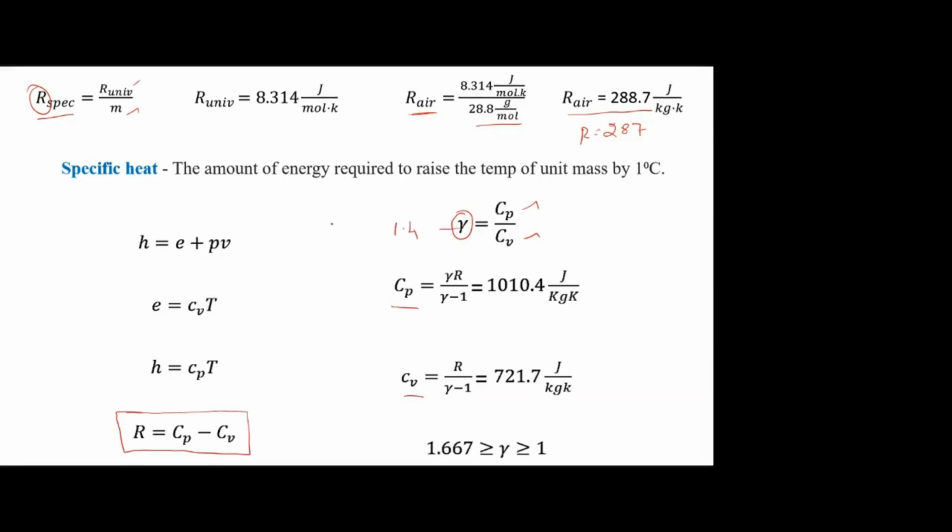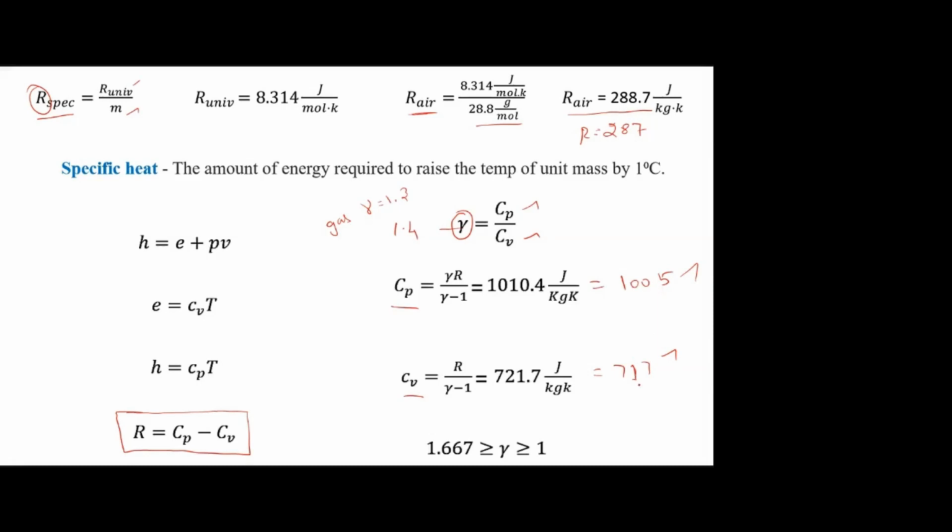And in propulsion, you might have studied for gas also, mostly they will take gamma as 1.3. So for air, if you substitute 1.4, here they got 1010, but mostly we will take 1005 for Cp and 717 for Cv. So these values also will be used for the calculation.